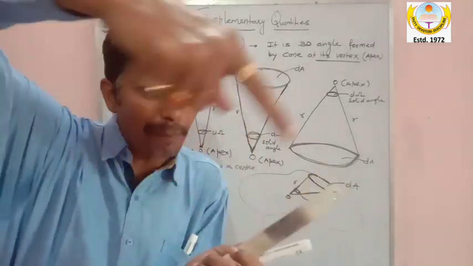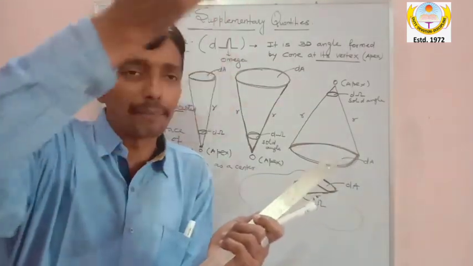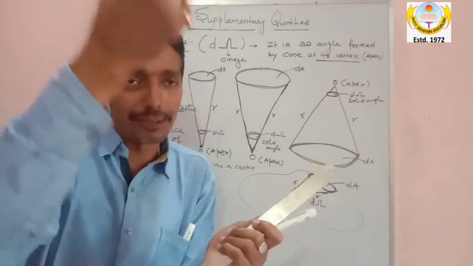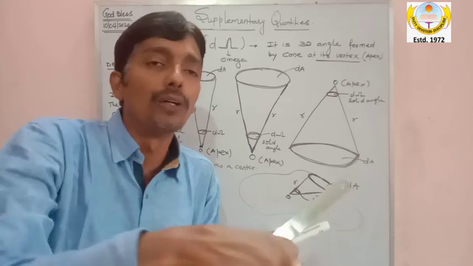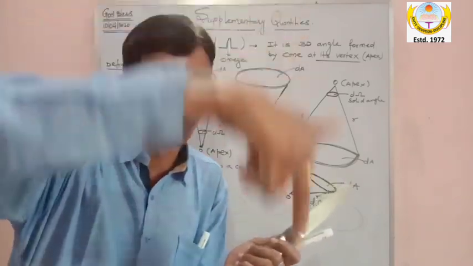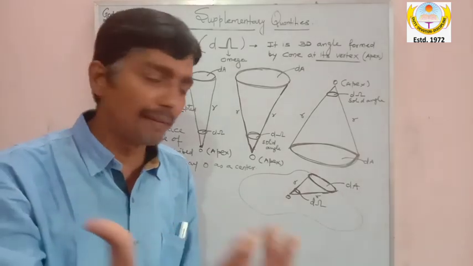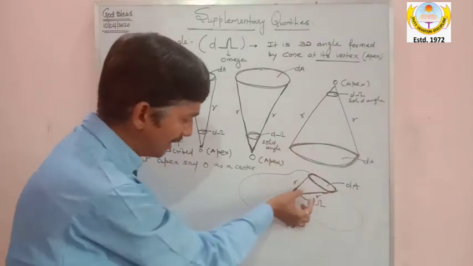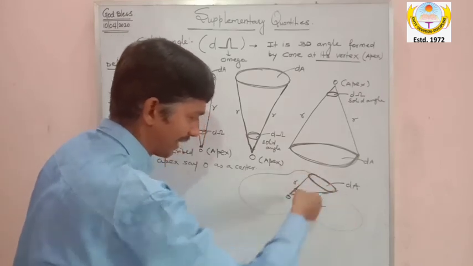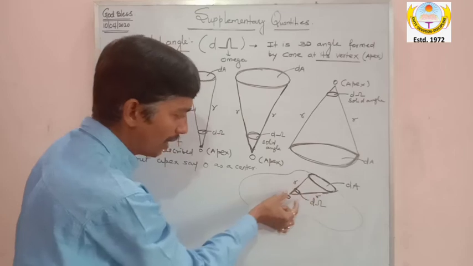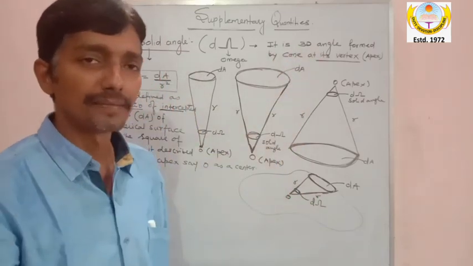When you are intercepting, how much area you are drilling, that much solid angle will be formed at the center of the potato, at point O inside it, when it forms a cavity-like structure. I drilled this much surface like this, and then a cone-type structure is formed, and therefore we say it is a 3D angle.